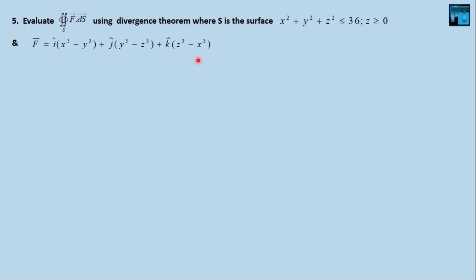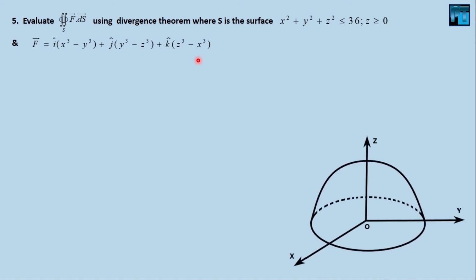Now let's visualize the hemisphere. See, this is the hemisphere. z greater than 0 means all the 4 octants, 1, 2, 3, 4, these 4 octants will be used.